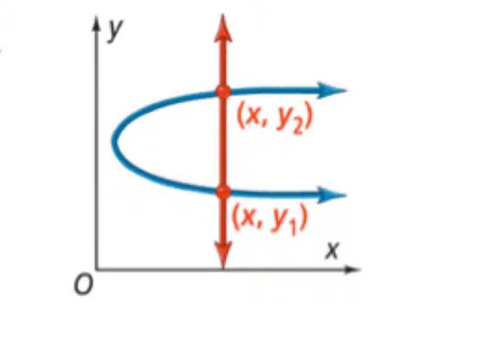Okay? Now, why does that work? Well, a vertical line has an x coordinate. Every single point on that vertical line has that exact same x coordinate, right? That's the idea of a vertical line. So that means this point has the same x coordinate as this point. They have the same input, but they have 2 different outputs.